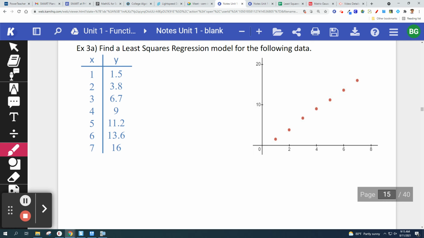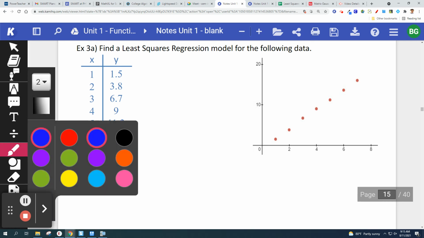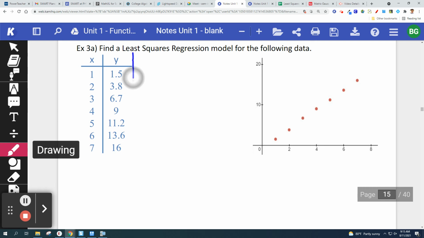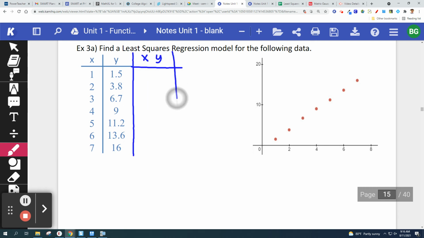One of the first things we're supposed to do is add a couple of extra columns. So I want to add a column for X times Y, and I'm going to add another column for X squared. I don't need a calculator for X squared. I can do that in my head.